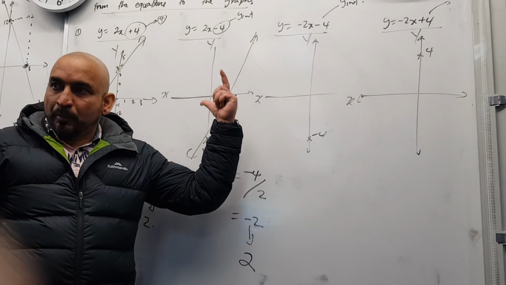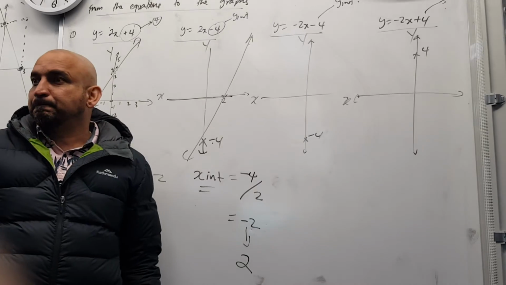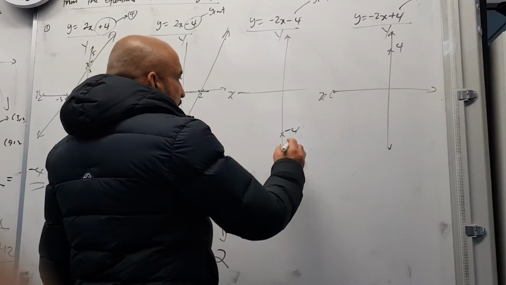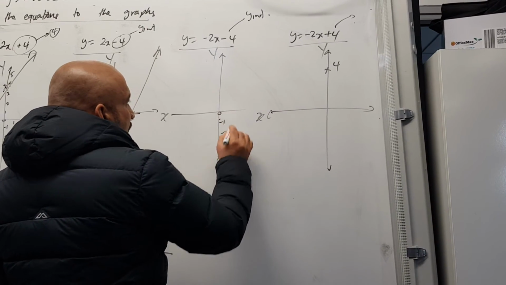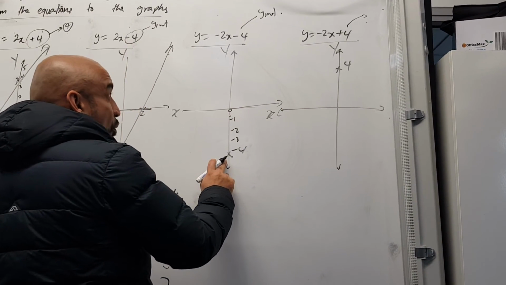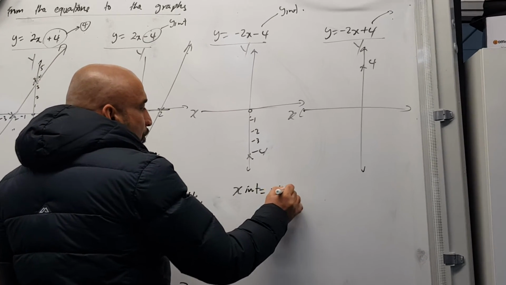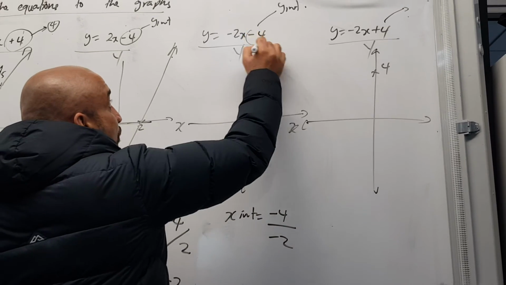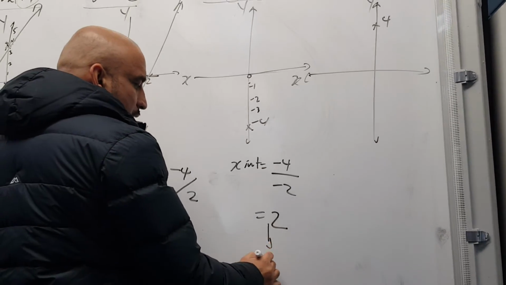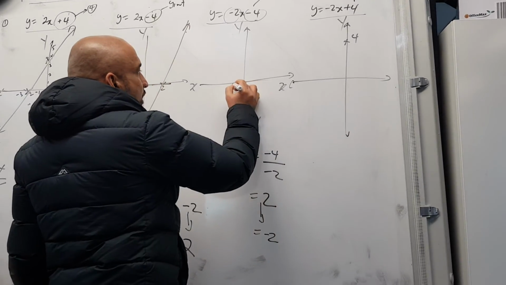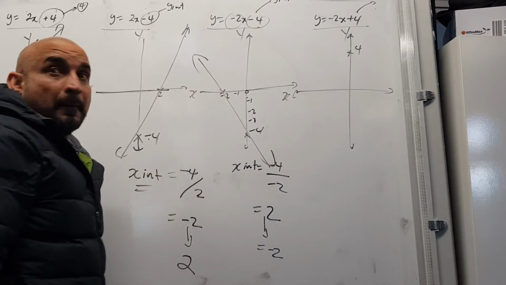In the exam, if the proper graph is given, you can label where 2 falls. If not, just draw like that. So 0, negative 1, negative 2, negative 3. What's the x-intercept? Negative 4 divided by negative 2 gives me 2. Then I switch, which is negative 2. So this is my graph of that.